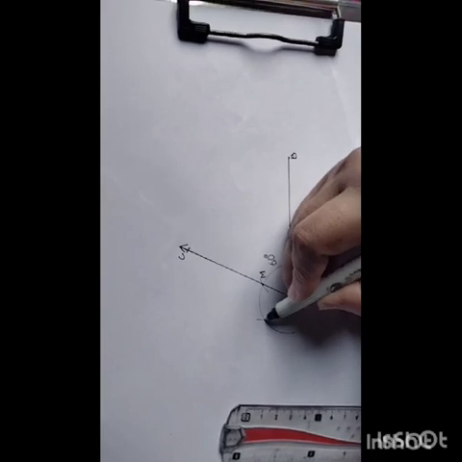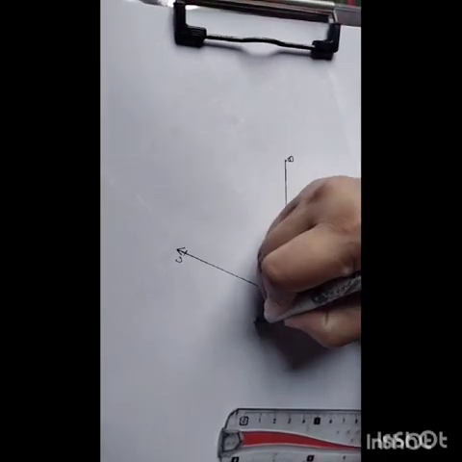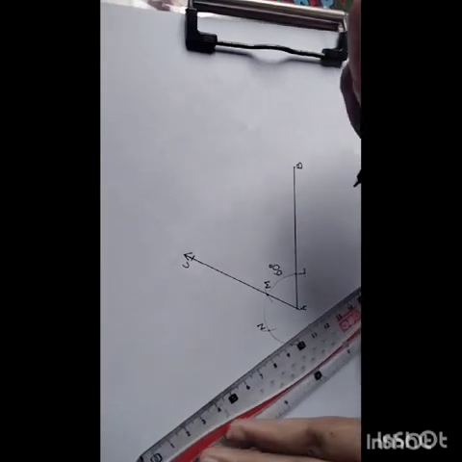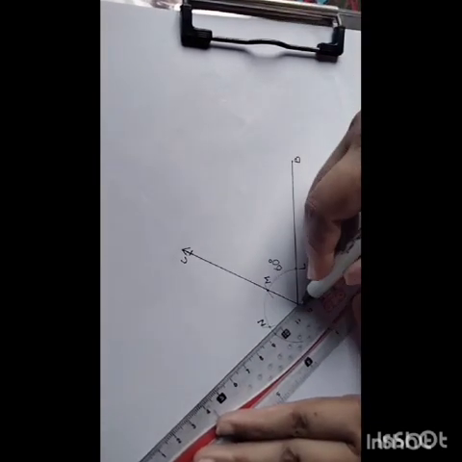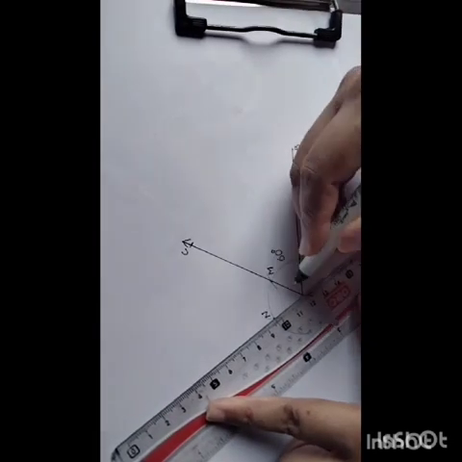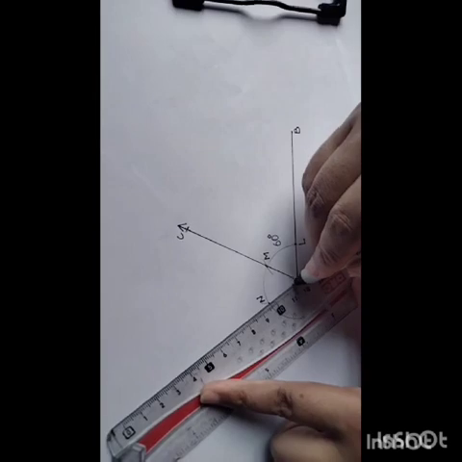We call this point N. Draw a line segment from point A which passes through point N.